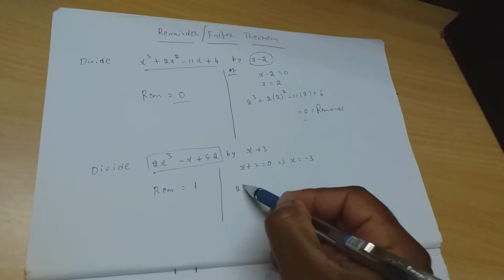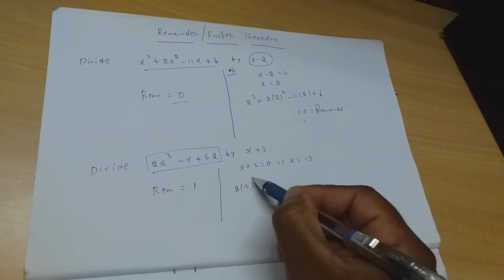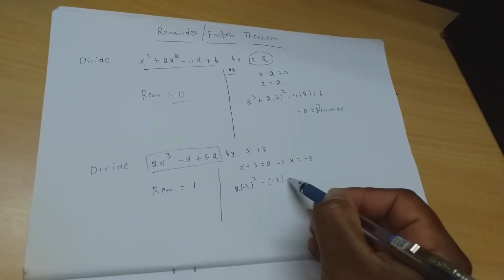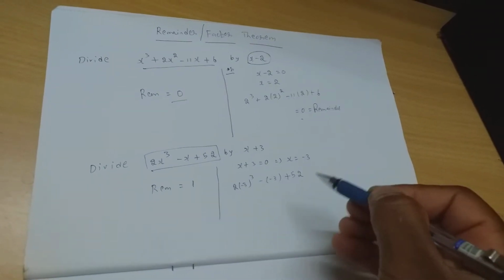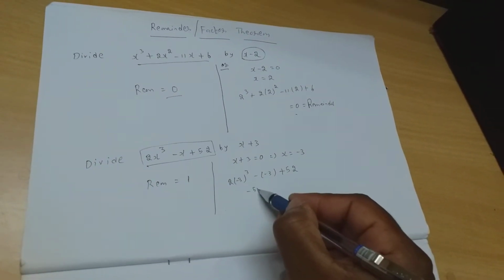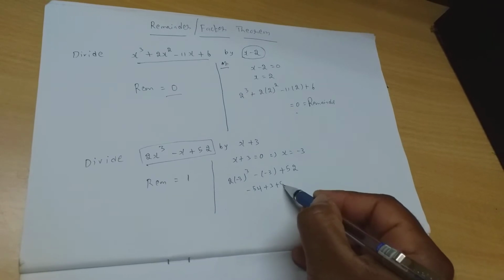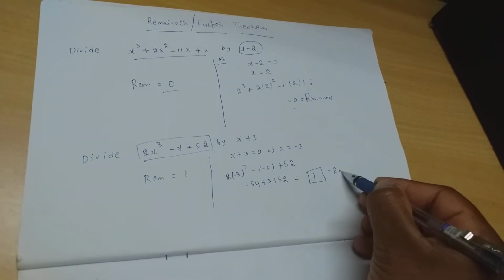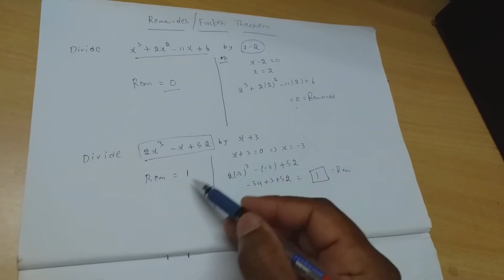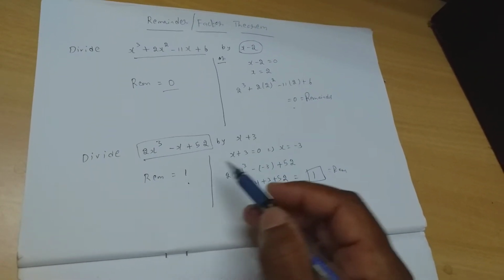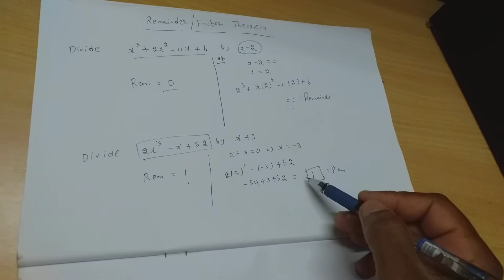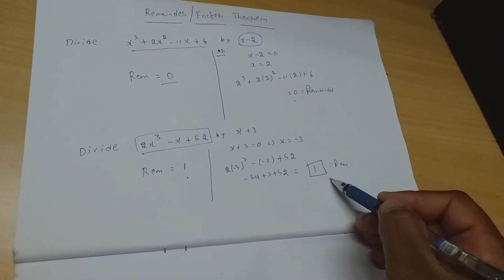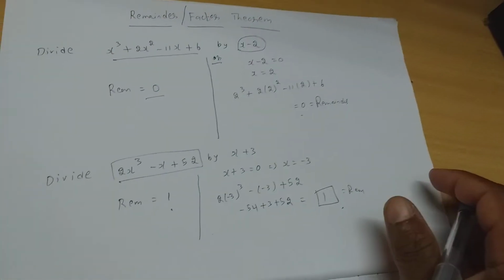So how much do you get? 2 into minus 3 cube minus of minus 3 plus 52. It is minus 54 plus 3 plus 52, which is 1, is the remainder. So instead of dividing and coming to know that the remainder is 1, by using the remainder theorem and this process, directly I come to know that the remainder is 1.